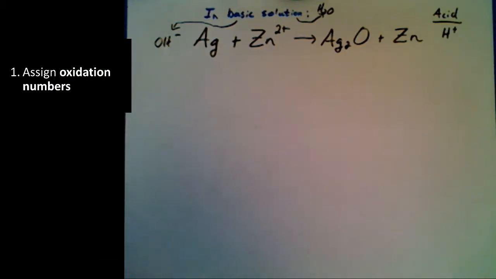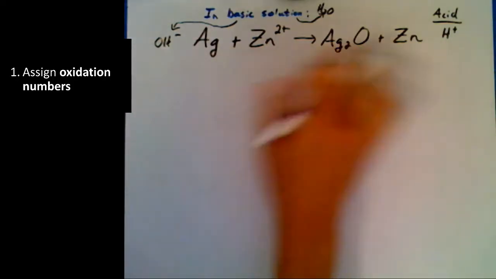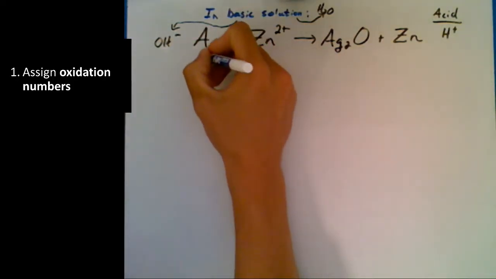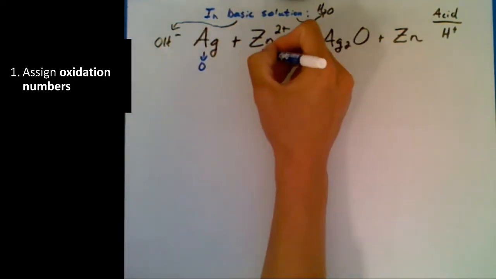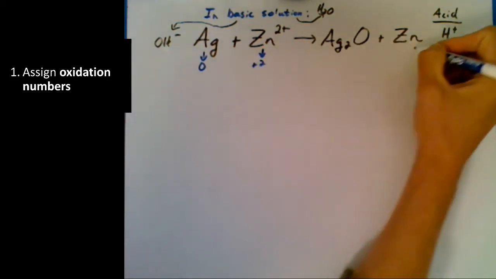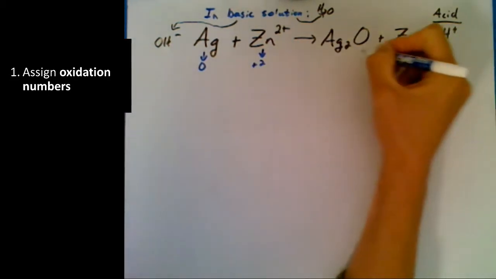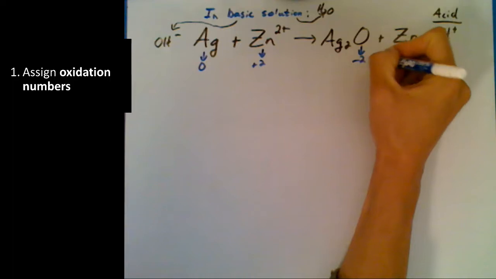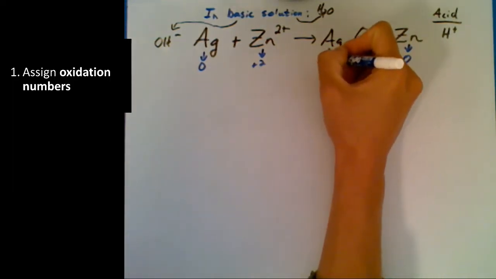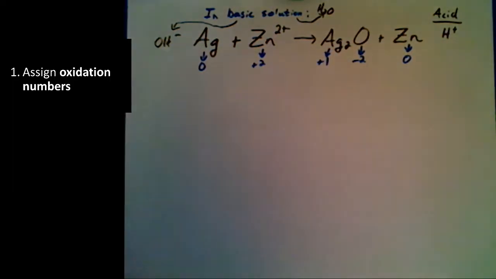So number one, we need to assign oxidation numbers. Pretty easy if you look at this reaction. Pure element, 0. Ion, +2. Pure element, 0. Oxygen, -2. Silver has to be +1 then. So what's actually changing here?